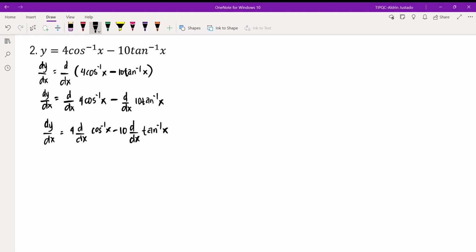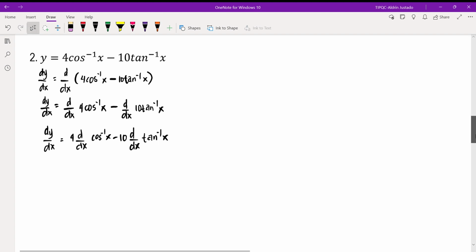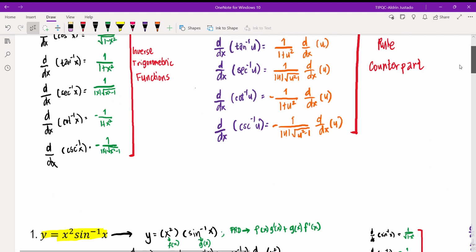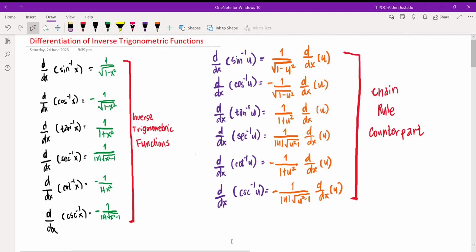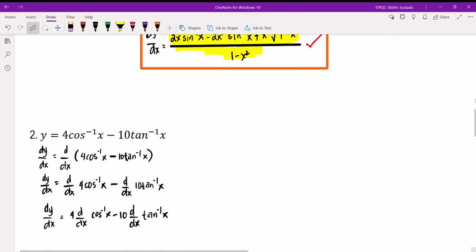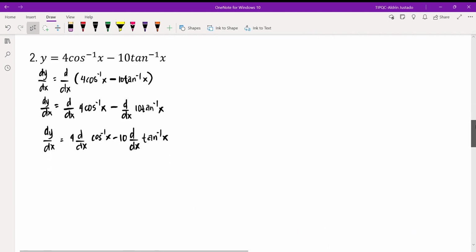Okay, wait lang. Let's copy muna para makita natin yung dinerive at yung sinolve natin kanina sa introduction. Tangent, inverse trigonometric functions. Here, going to copy this one. Yan. Copy. Then we are on number 2.